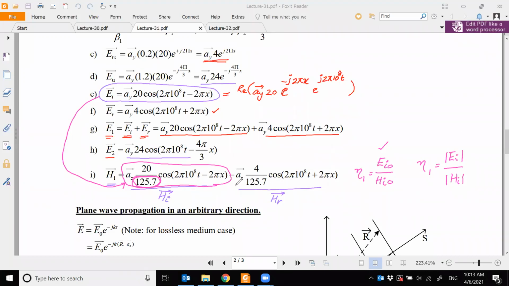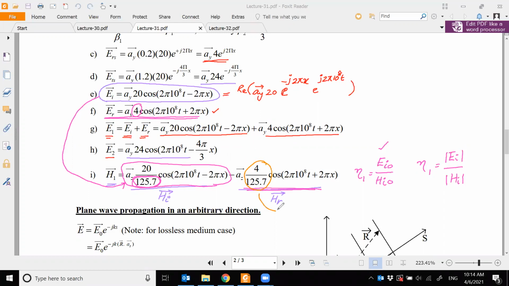So similarly, you can get it for the reflected field. You take the reflected electric field, and from it you can get the reflected electric field amplitude, and then you can find the reflected magnetic field amplitude. The relation between the reflected electric and magnetic field amplitudes again is from the eta.